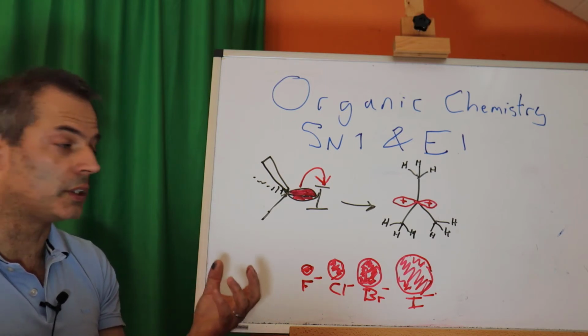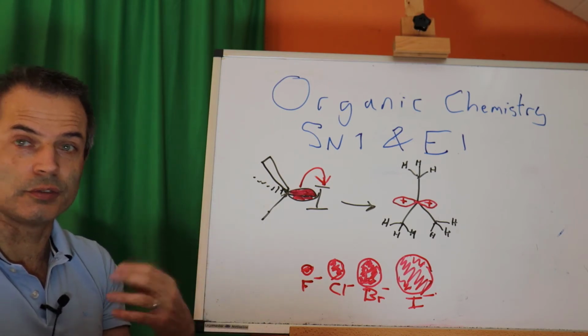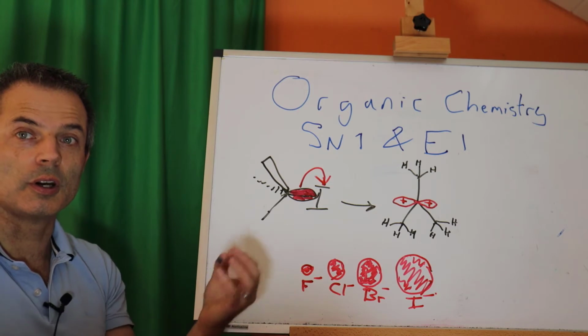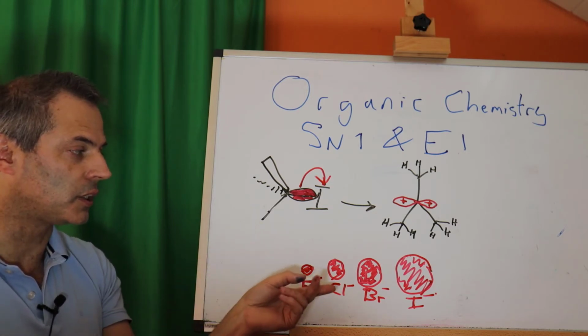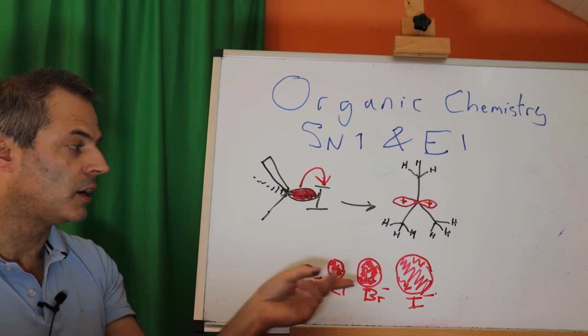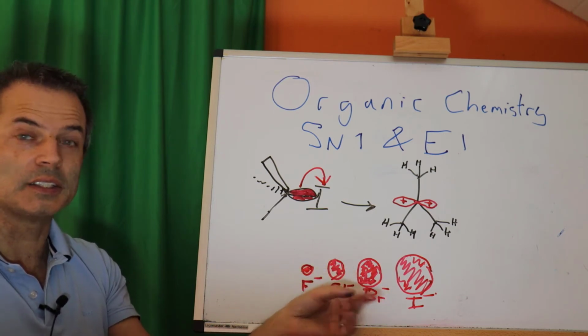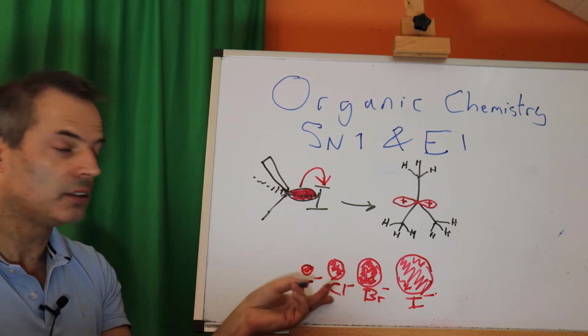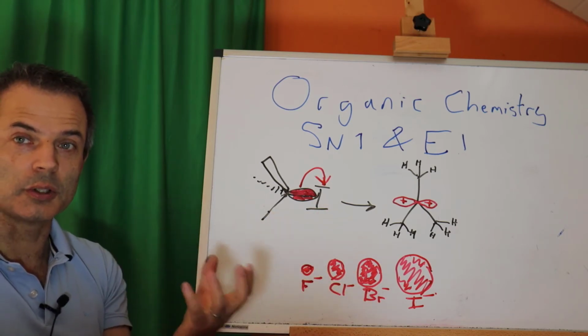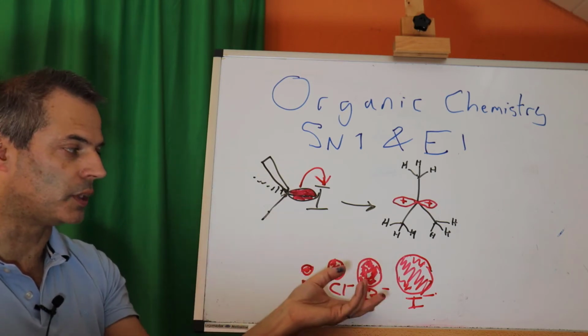This also tells us something about hydrogen fluoride, for example. Hydrofluoric acid is not as acidic as hydrochloric acid. And hydrobromic acid is more acidic than hydrochloric acid because the ion is much more stable on its own, so it's more likely to form the anion.